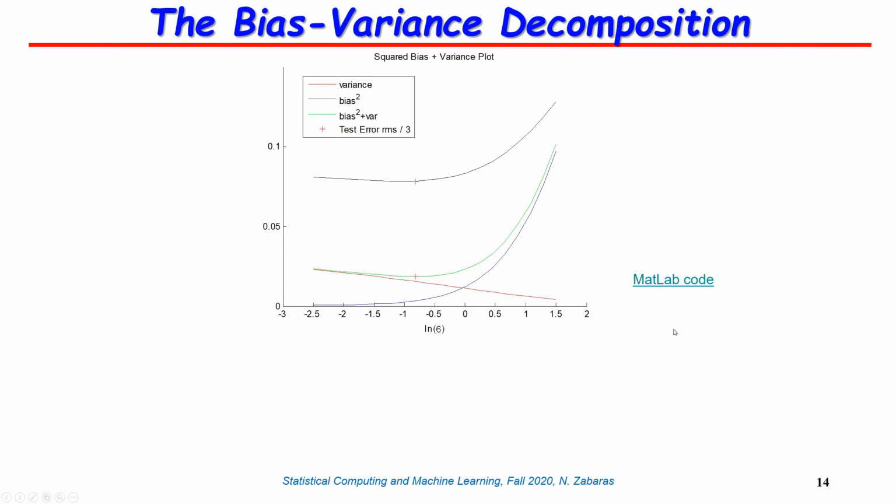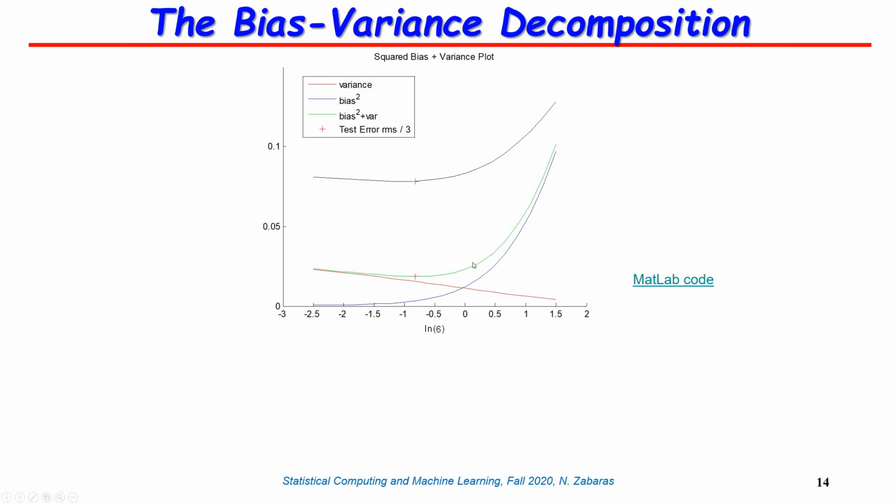What is the parameter that gives you the best effective complexity of the model for a particular data set? It is not very clear, but there is a minimum if you add the variance curve and the bias squared term.